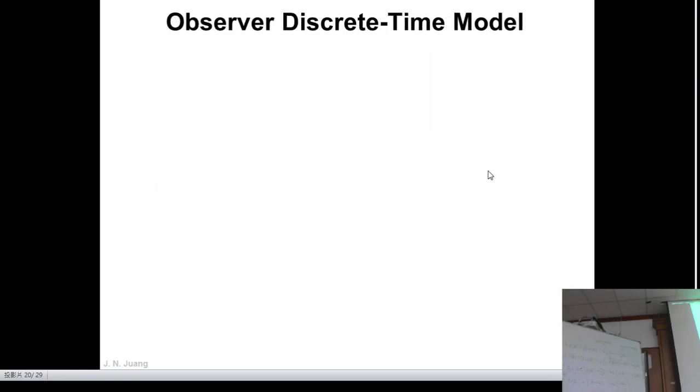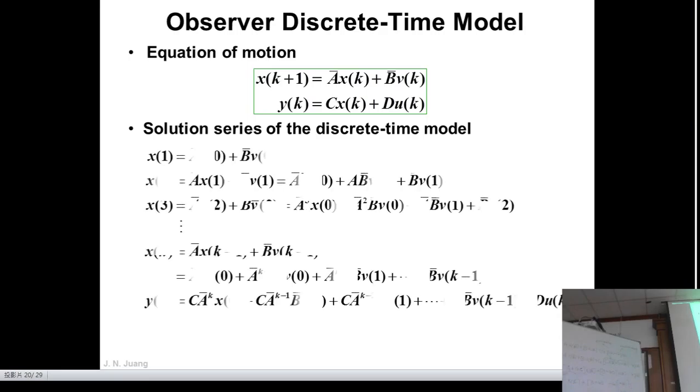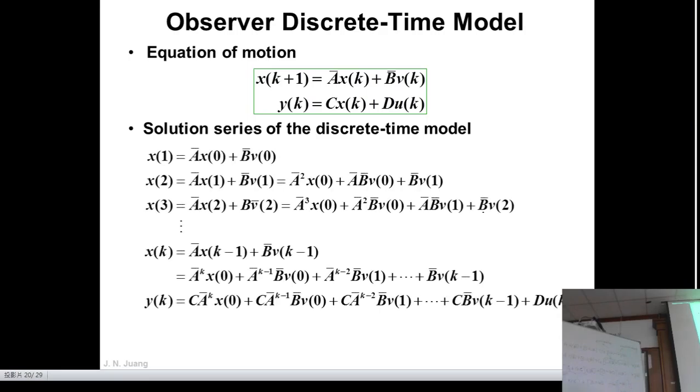Okay, let us look at the next steps. So, observer equations. If you look at these observer equations, I can do the simulation like this. This is exactly the same simulation as you get from what I showed you in the last slides for your state estimation.